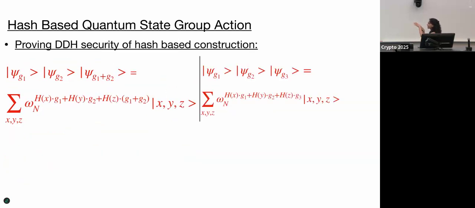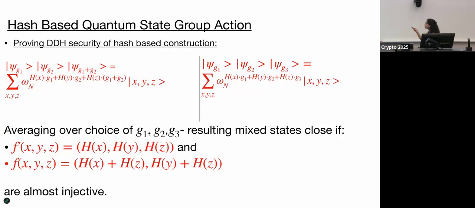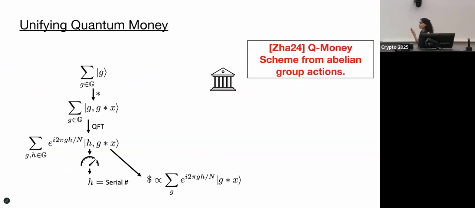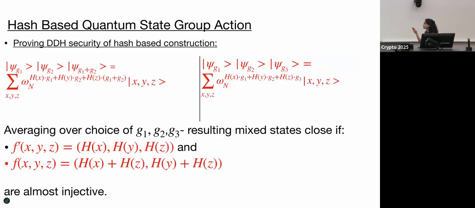The main idea is that in the first case we get this state, and when g1, g2, g3 are random, we get this other state. Then we can prove that as long as the function in the phase satisfies some injectivity properties, that's enough to prove that these two distributions are indistinguishable.